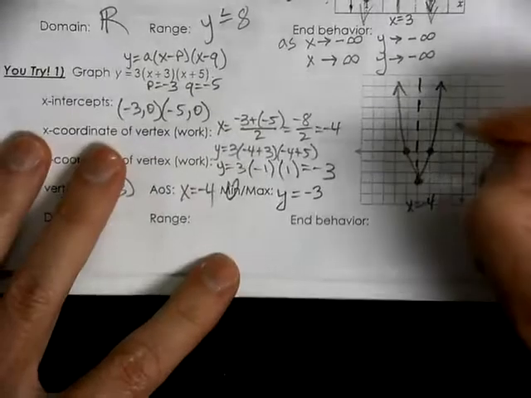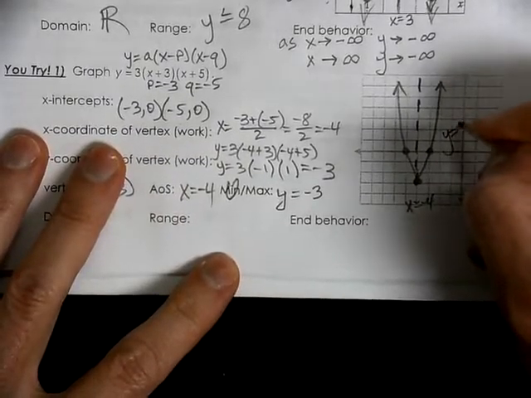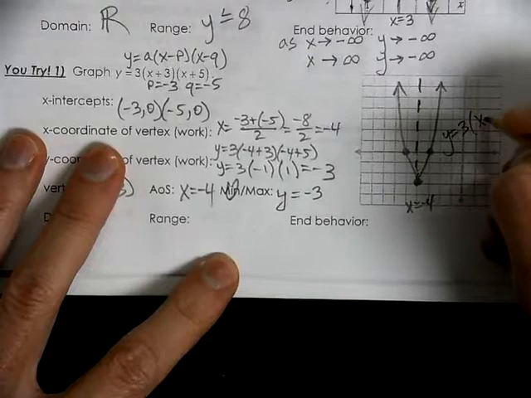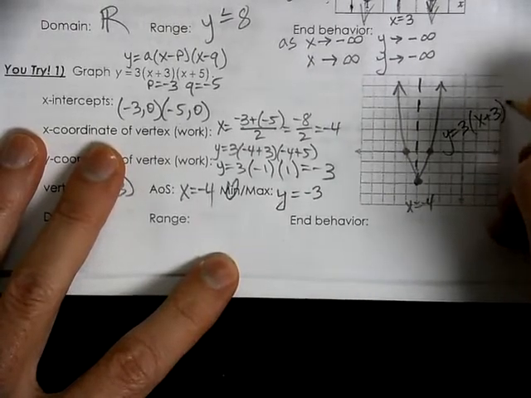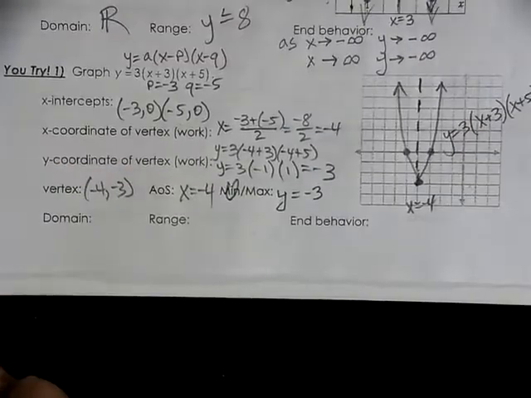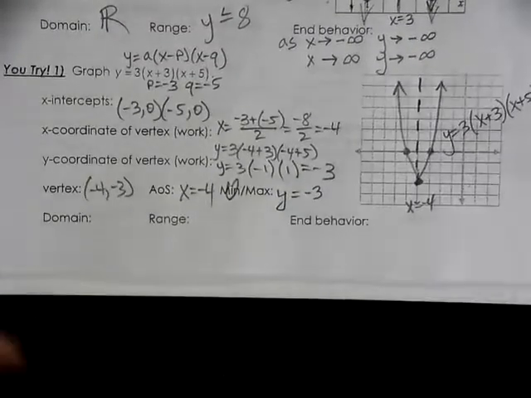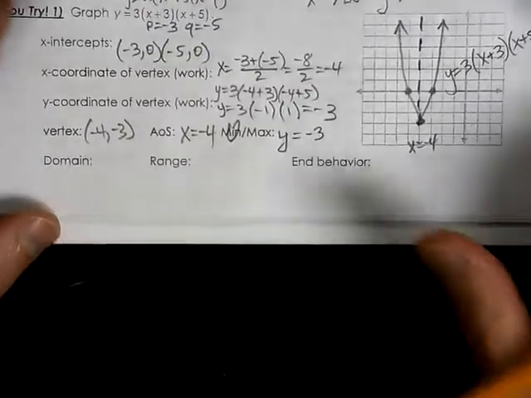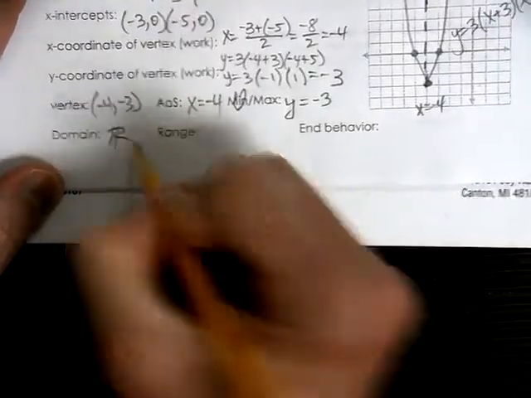So we write the equation of our graph: y = 3(x + 3)(x + 5). We, of course, know the domain is all real numbers.